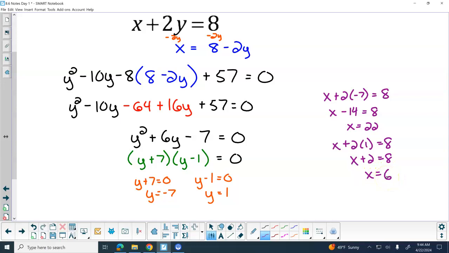So we get 22 comma negative 7 and 6 comma 1.